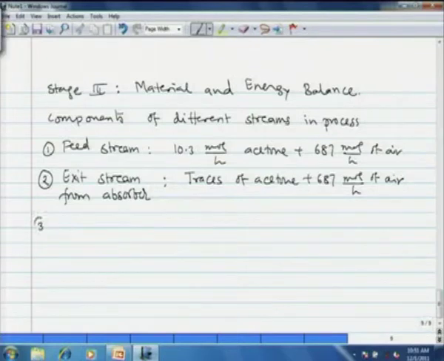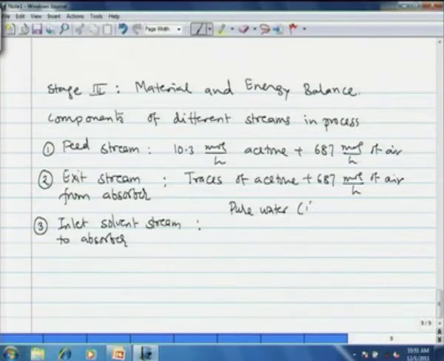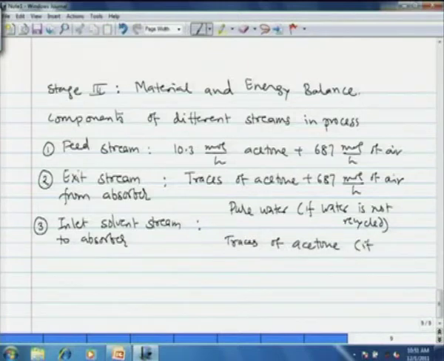Now, the inlet solvent stream to absorber will be pure water if water is not recycled, or it may contain some traces of acetone if water is recycled from distillation column.